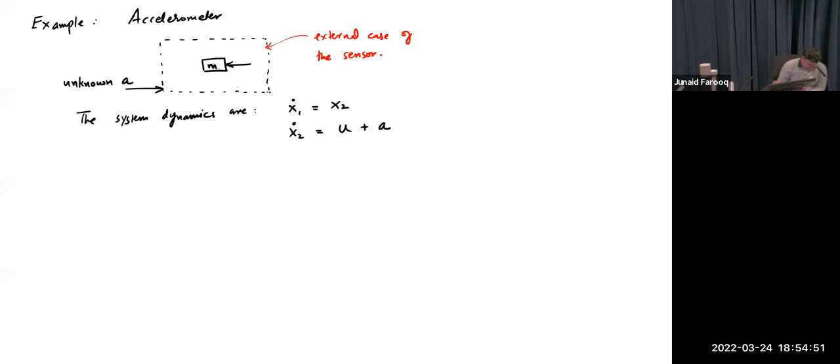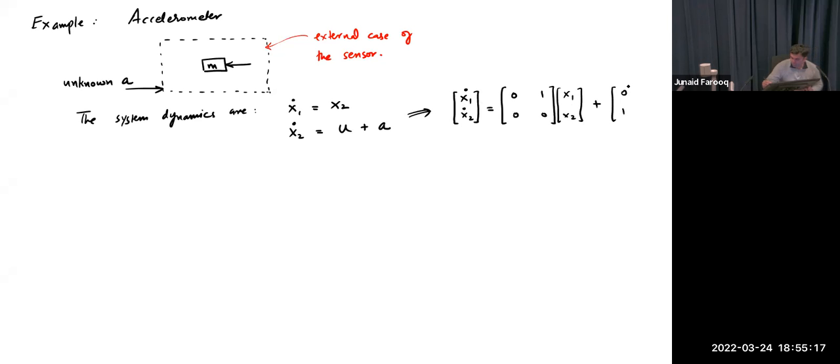If you don't consider a, then in a state space formulation, what you will have is [x1 dot; x2 dot] equals [0 1; 0 0] [x1; x2] plus [0; 1] u.